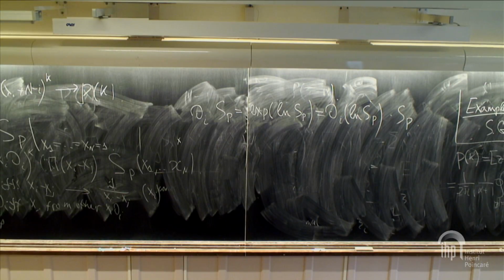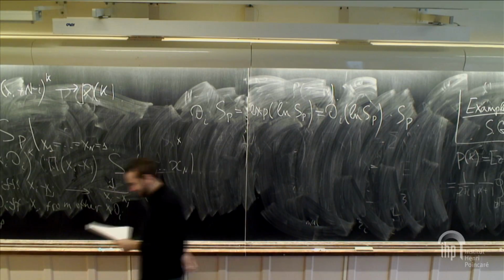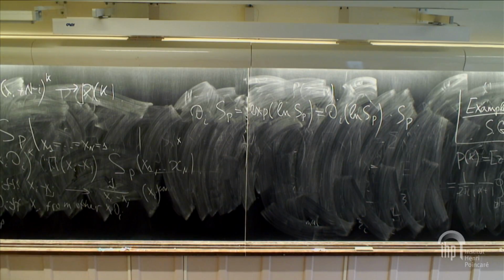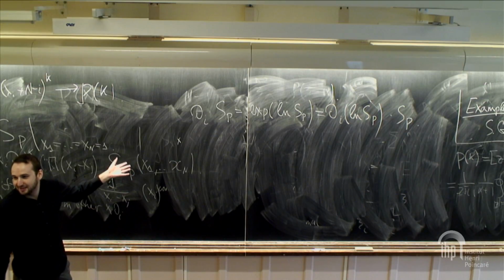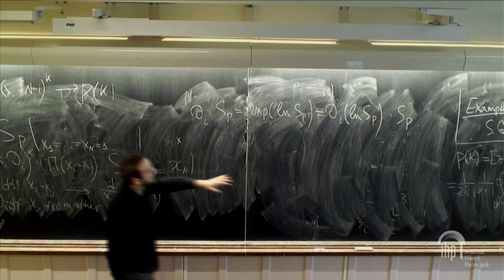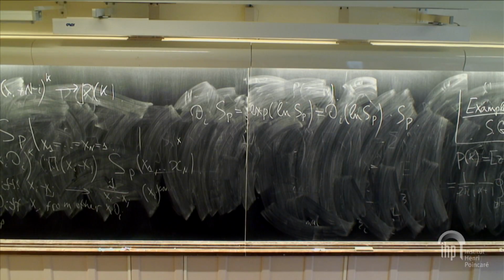Nothing complicated, but somehow it's a critical step in all that we are doing. So when we differentiate S_p, we have some kind of eigenrelation, because S_p remains again, and you get some new factor, d_i of the logarithm of S_p, popping out.